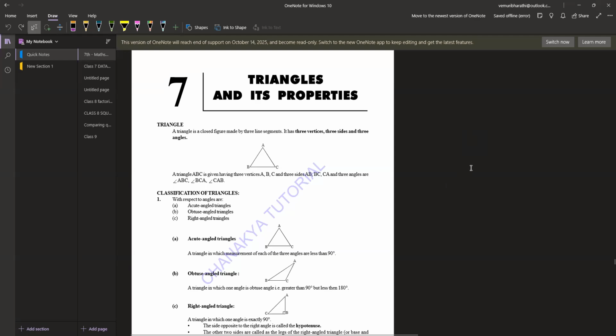What are the different quadrilaterals we are using in day-to-day life till now? Ma'am, I can name some of them: parallelograms, rectangles, rhombuses. Super, wonderful. Bhargav, do you want to add more? Trapezoid, squares.